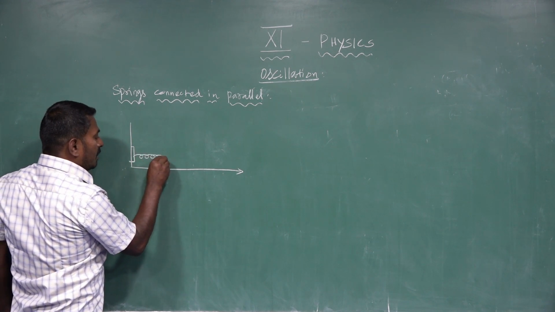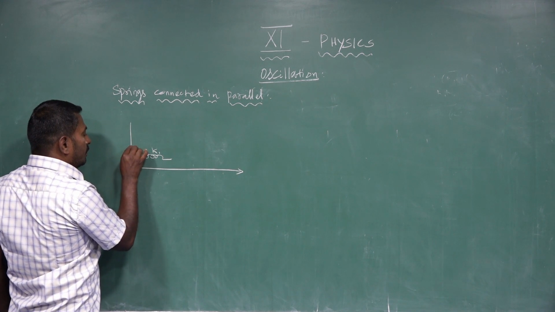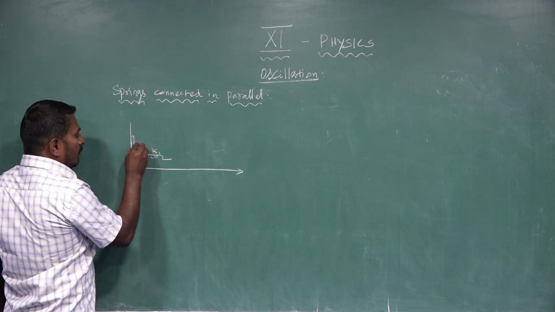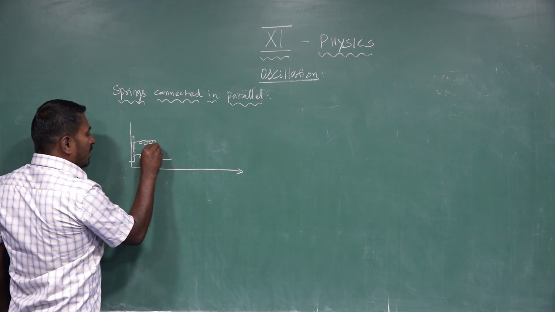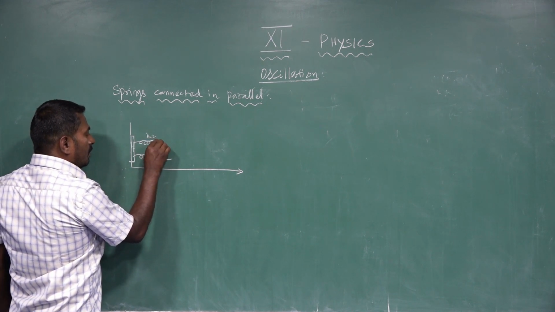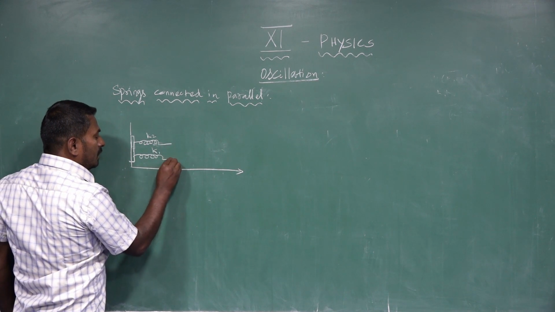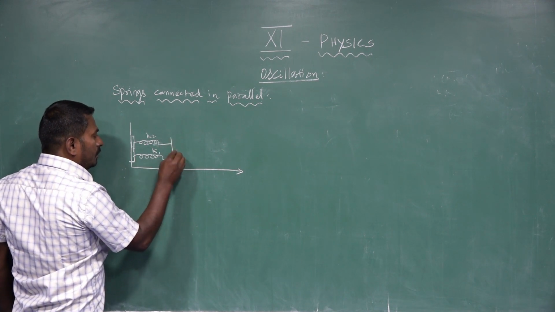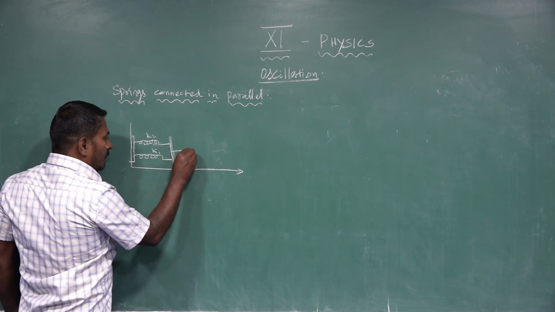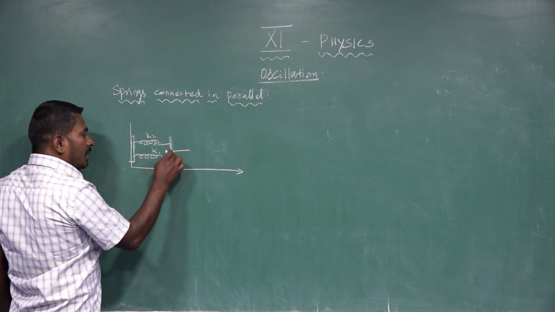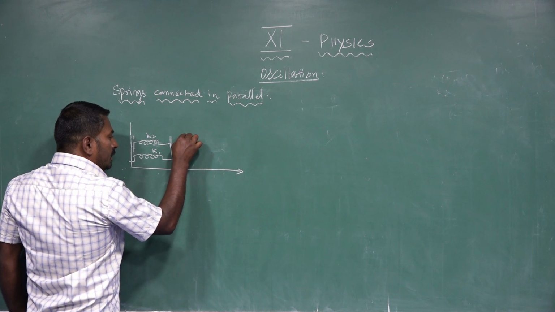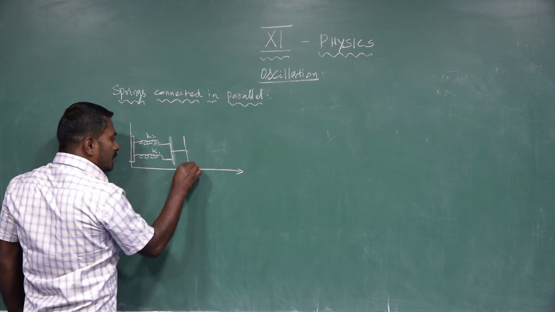The first spring has spring constant k1, the second spring has spring constant k2, connected alternatively, like in parallel. Both the lower ends of the springs are coupled together, then commonly loaded with the mass M.